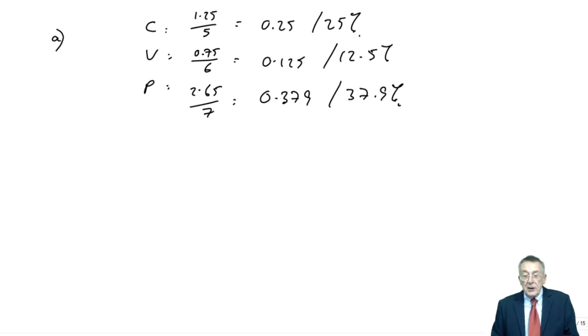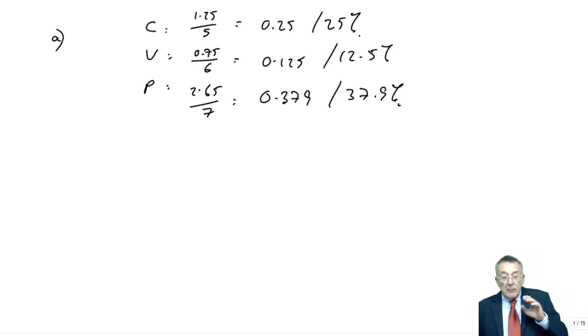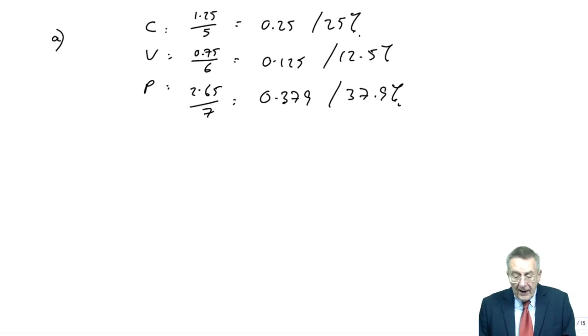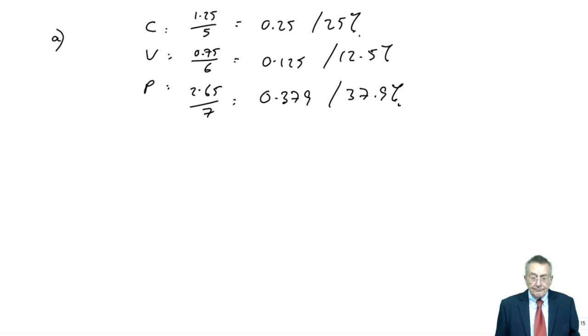Overall, it's going to be somewhere between all of those, if you understand me. But it says assuming budget product mix will remain unchanged. Now the point is here, when we're working out the average CS ratio, we can't simply do an ordinary average and add them up and divide by 3.